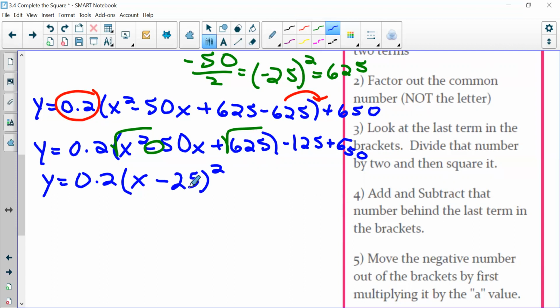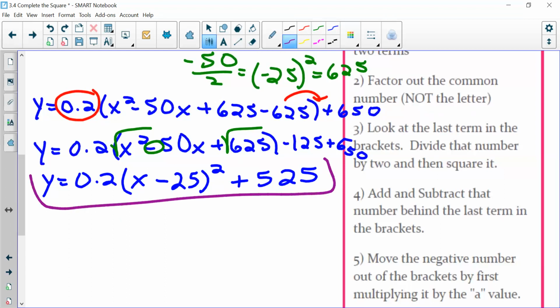And negative 125 plus 650, what does that give us? Okay, plus 525. So where's my vertex? 25 and 525. Okay.